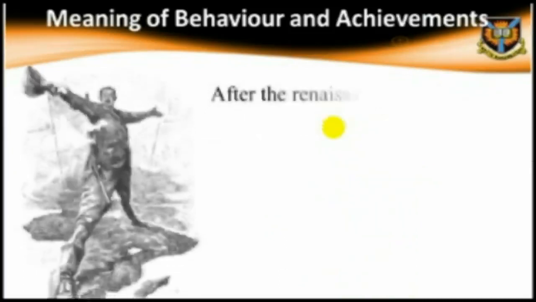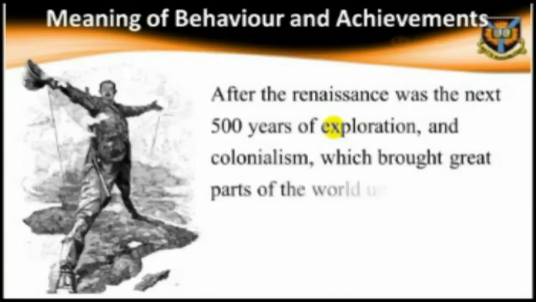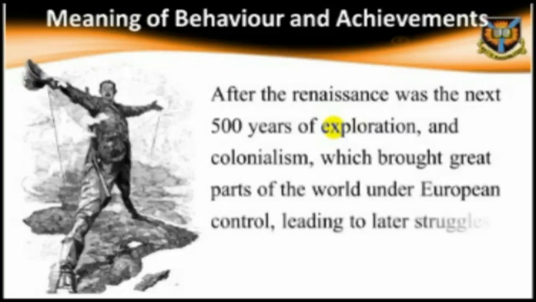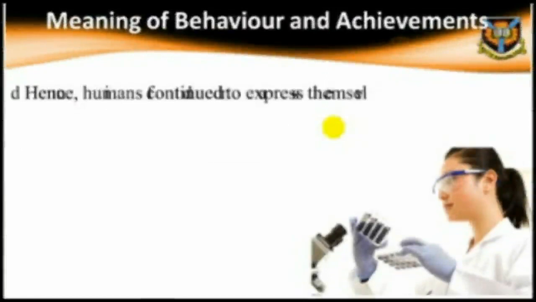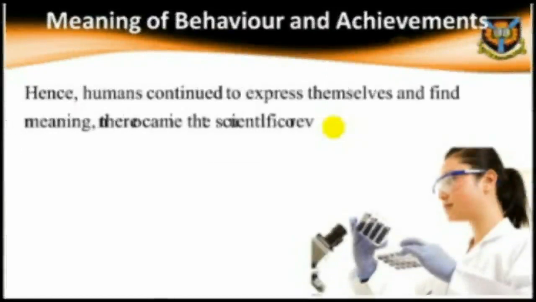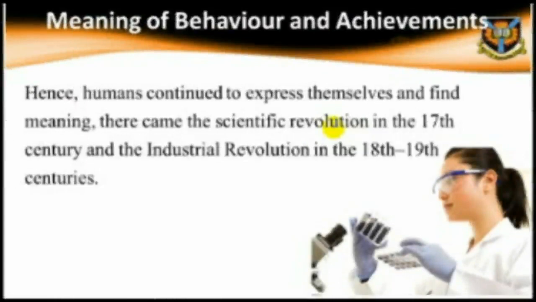After the Renaissance came the next 500 years of exploration and colonialism, which brought great parts of the world under European control, leading to later struggles for independence. More so, as humans continued to express themselves and find meaning, there came the scientific revolution in the 17th century and the Industrial Revolution in the 18th to 19th centuries.